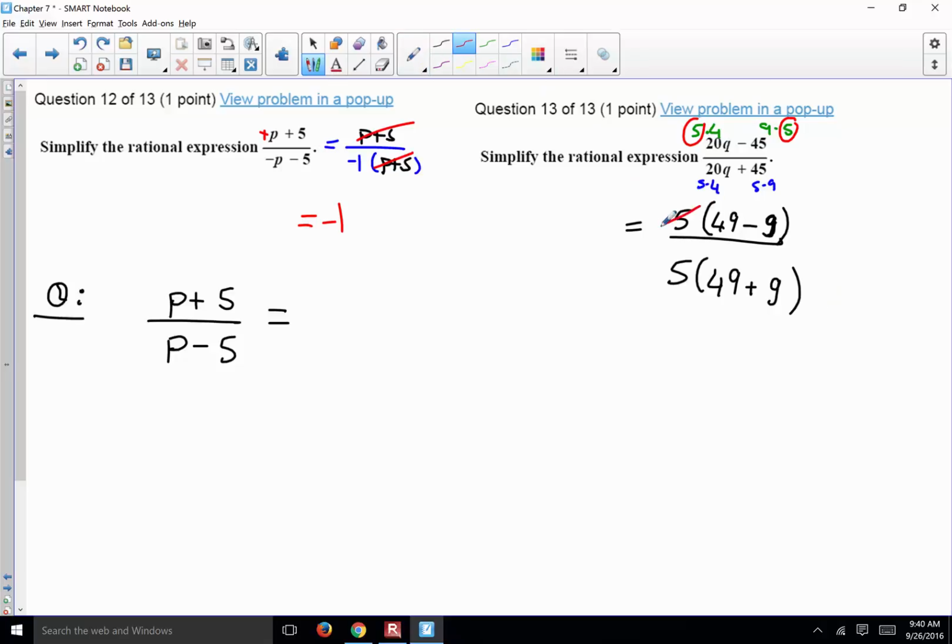Cross out 5s. Then we have 4q minus 9, and 4q plus 9.